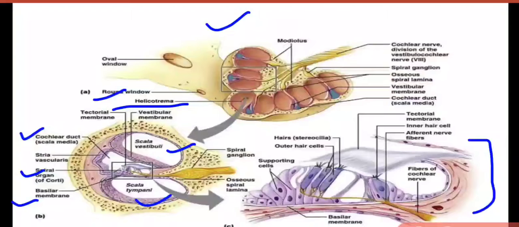There are hair cells. Hair cells have microvilli-like projections on them known as stereocilia. And there are supporting cells also. There is the basilar membrane on which the supporting cells are resting, and above that there are hair cells having microvilli on them known as stereocilia. On the upper side of these stereocilia there is the tectorial membrane.